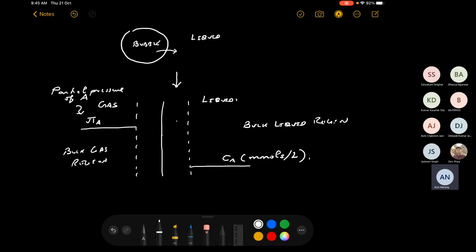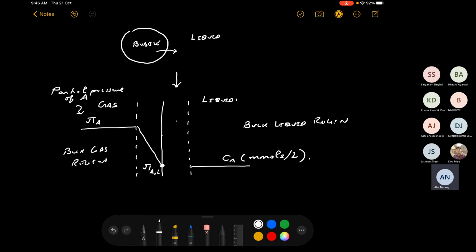And we are assuming that these areas are well mixed, and so there is no concentration gradient over here. The entire concentration gradient lives only in these thin films. So basically, here you will have a concentration drop like this. So it goes from pi A to this concentration here, which is labeled pi A I. I is for interface. So this is the partial pressure of the gas A at the interface.